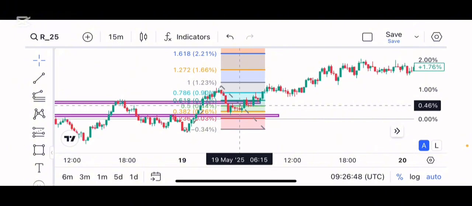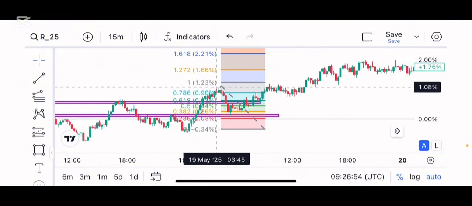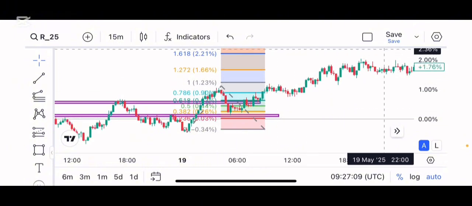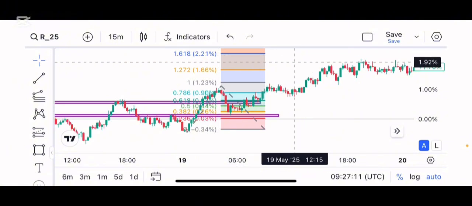So your take profits can't be that high. You just take it the way I told you to take it. But when you have this type of soft retracement, it signifies that the market is about to move in the direction of that trend with good momentum. So that's why our take profit is a little bit higher on this one, and we get good risk to reward ratios on these types of trade.